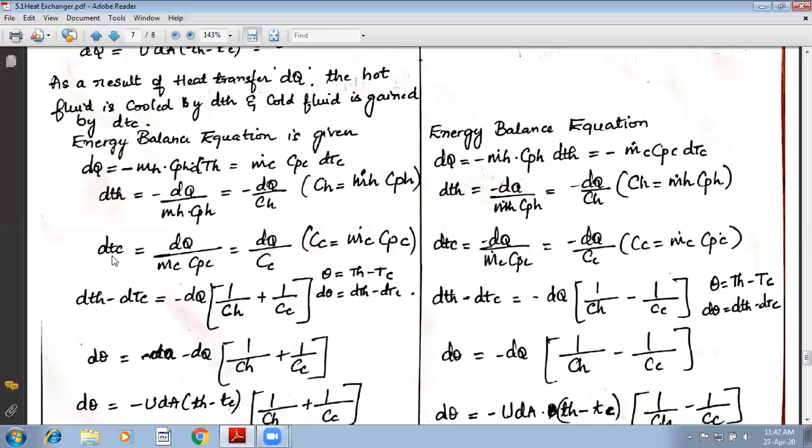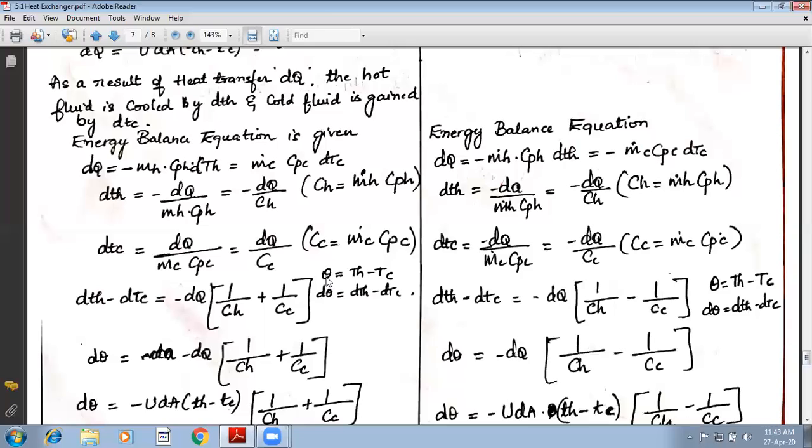Similarly, dTc can be written as dq divided by m dot c into Cpc. This can again be written as C suffix c, where C is nothing but heat capacity corresponding to cold fluid. It can be written as the product of m dot c into Cpc.